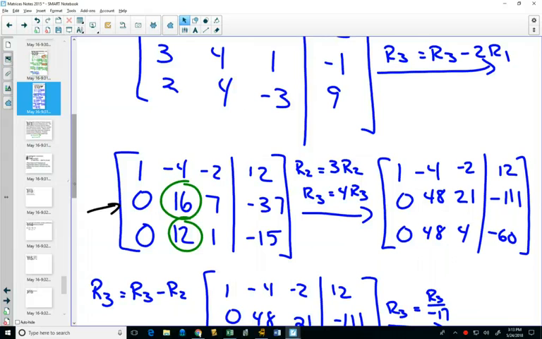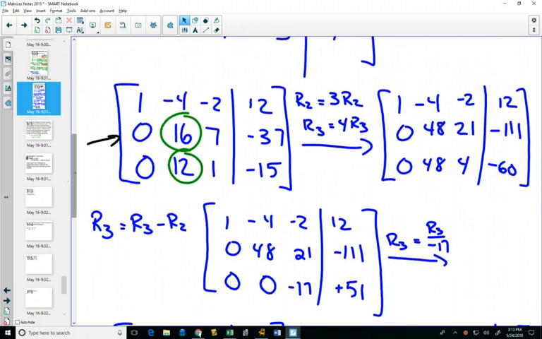Sometimes doing a little step along the way can make your life easier. So to get these 2 numbers the same, I multiplied row 2 by 3 and row 3 by 4. That made both of those 48s. And it just made some calculations a little bit easier because now that they're both 48s, I can just subtract them.